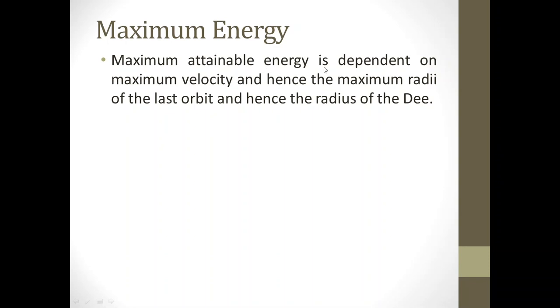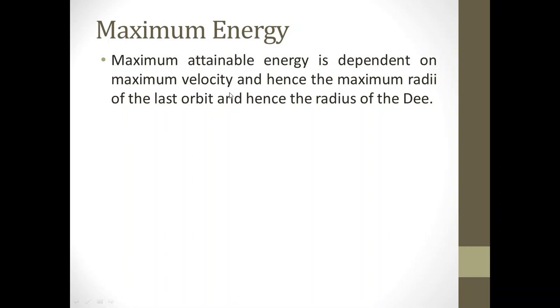So maximum energy attainable is dependent on the maximum velocity, of course. When we talk about energy in any accelerator, we talk about the kinetic energy. So kinetic energy is dependent on the velocity. Now we know radius was proportional to velocity.